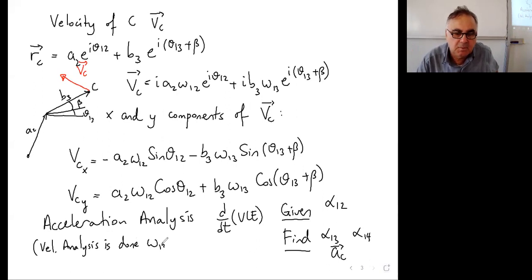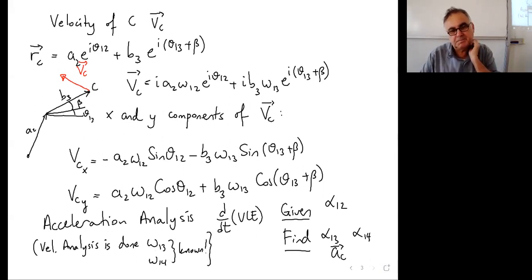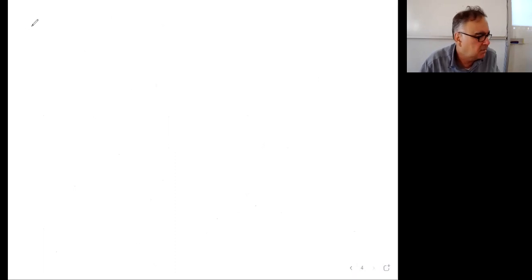So omega 1, 3 and omega 1, 4 are known. This is what we assume for a specific position. So let's open a new page and we just take the derivative of the velocity loop equation, if you remember.